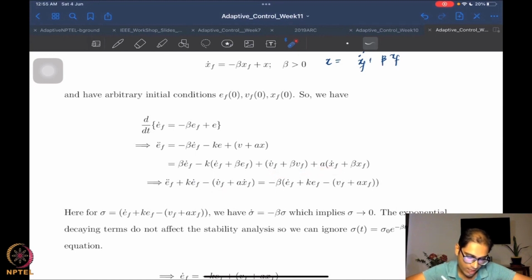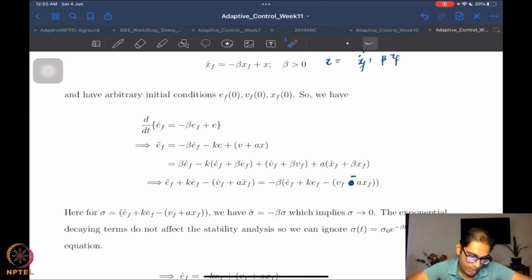And on the right hand side, I have beta KEF, sure, minus beta VF, correct, plus AXF. So this doesn't seem correct, and this sign doesn't seem correct. I need to verify this.